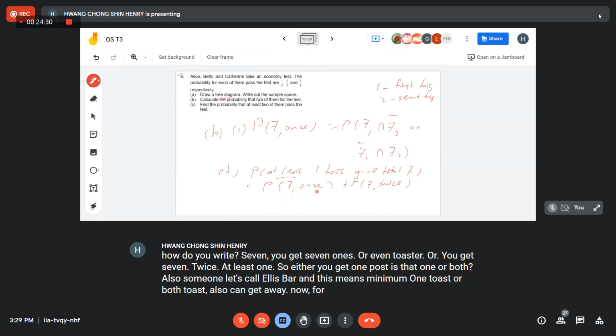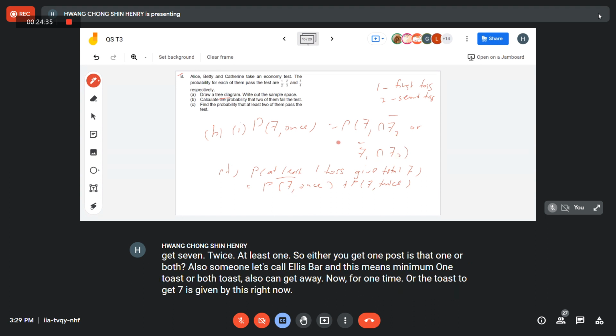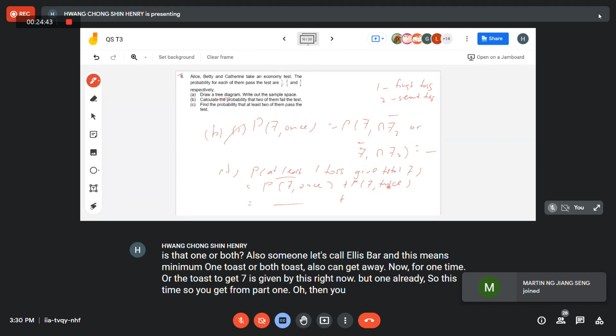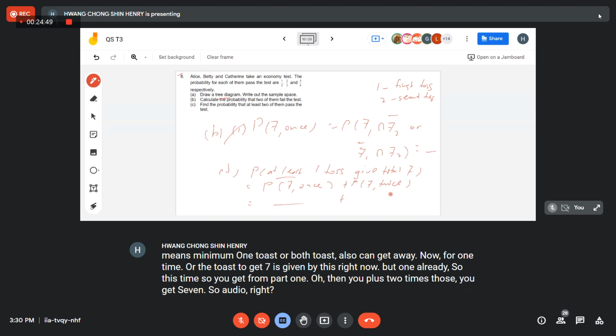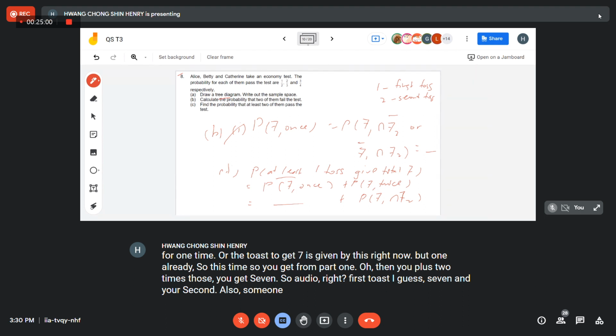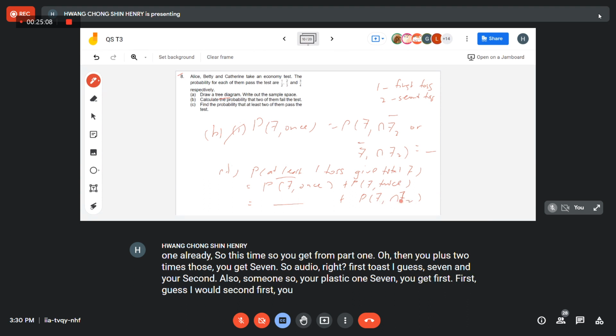Now for one toss to get 7 is given by this one now. Part 1 already. So this is the answer you get from part 1. Then you plus 2 times toss, you get 7. So how do you write? First toss you get 7, and your second toss also 7. So you plus this one: first toss you get 7, second toss you get 7. 1/6 times 1/6.